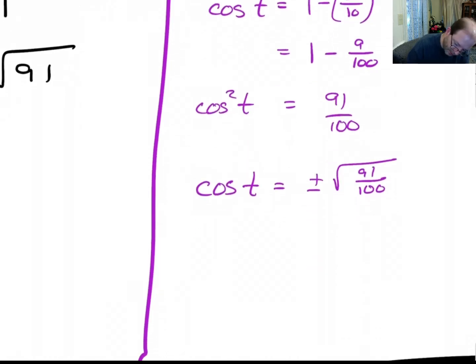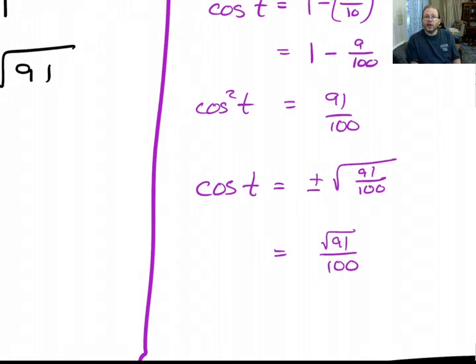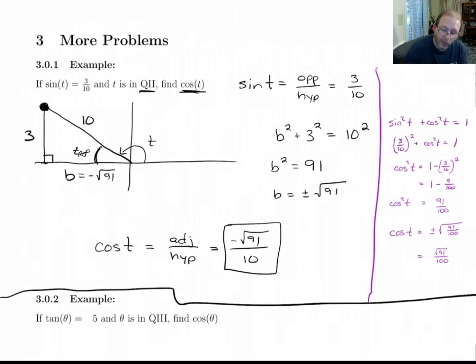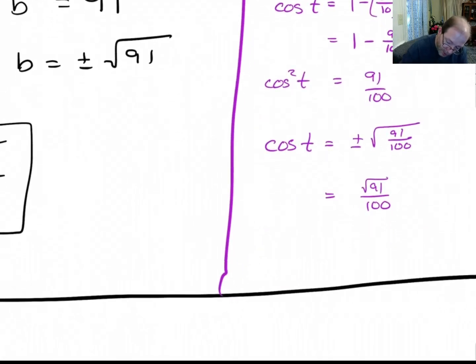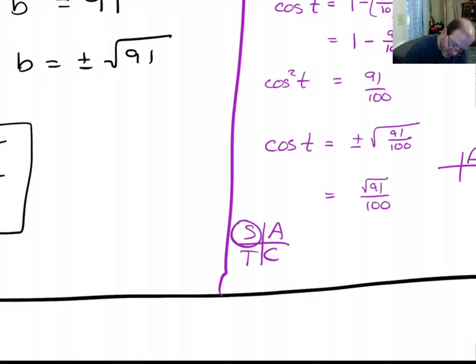Now there are two things left to do here. You can rewrite that as root 91 over root 100. And then you've got to figure out, is cosine positive or negative? Well, what did they tell us? We were in quadrant 2. And if we're in quadrant 2, cosine is negative.